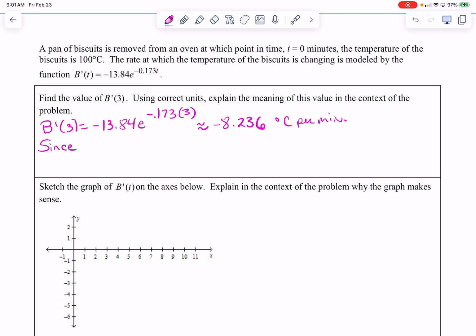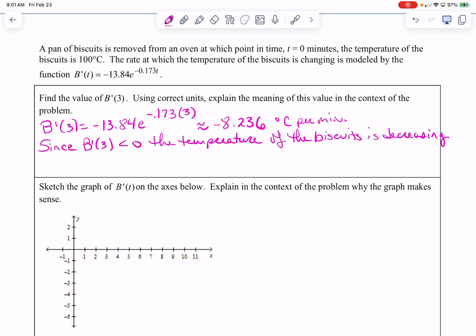Since b prime of 3 is less than 0, the temperature of the biscuits is decreasing at t equals 3 minutes after the biscuits were taken out of the oven.